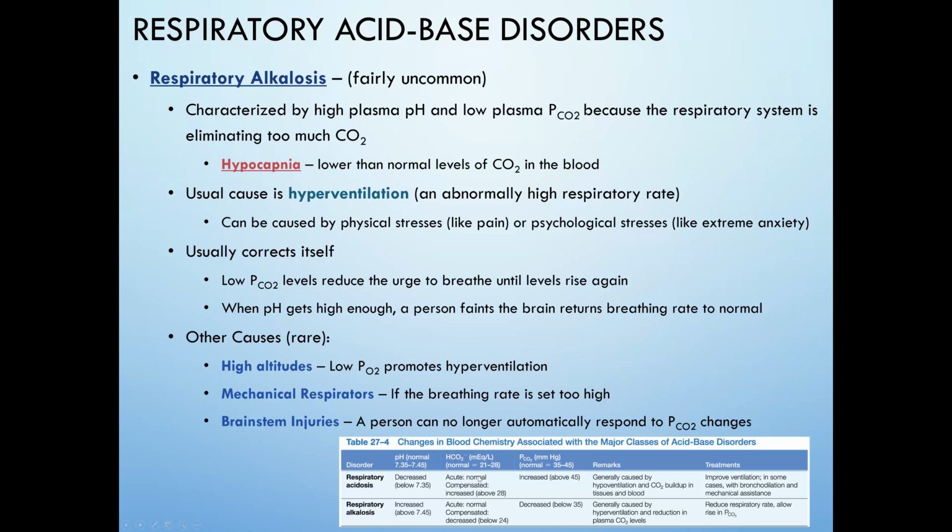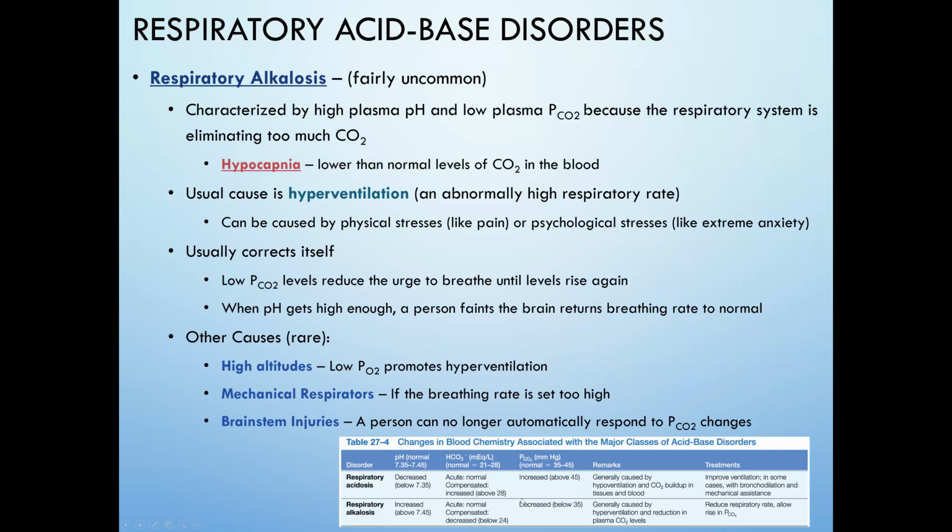So here is the table from your textbook comparing and contrasting respiratory acidosis with respiratory alkalosis. In respiratory acidosis, pH is decreased and carbon dioxide is increased. In respiratory alkalosis, pH is increased, carbon dioxide is decreased.